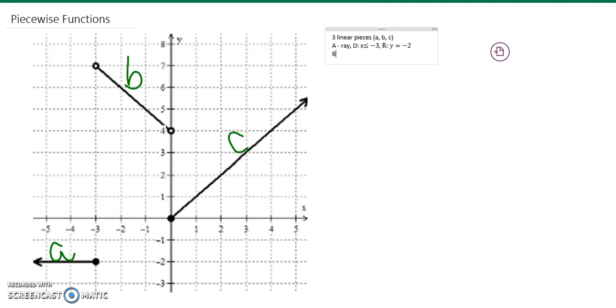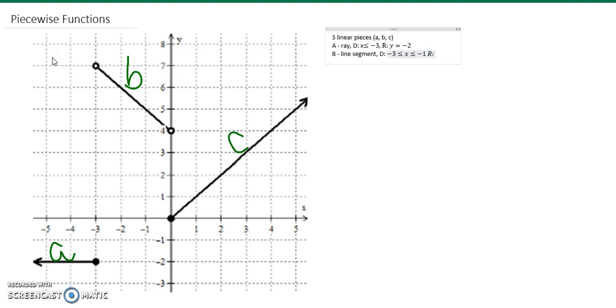For B, we have a line segment. The domain is from -3 to -1. We can write this as -3 less than or equal to x, less than or equal to -1.